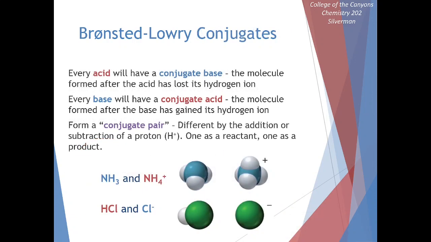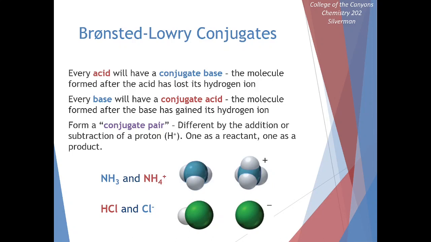Notably here, in our Bronsted-Lowry definitions, we're having an acid and a base always combined together. We can also have some notation for our products. Once our acid reacts, it donates a proton. It will turn into the conjugate base. Our conjugate base is the molecule formed after our acid has performed its acid duties and given away that H+.